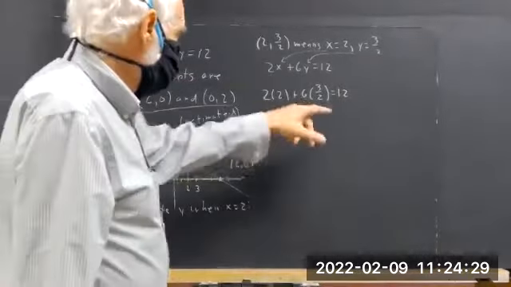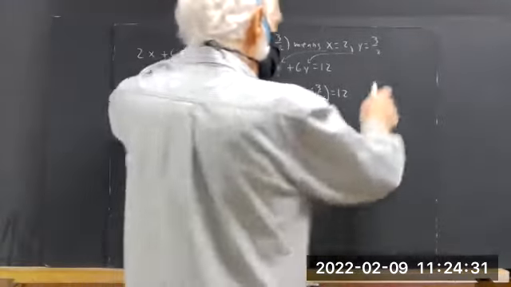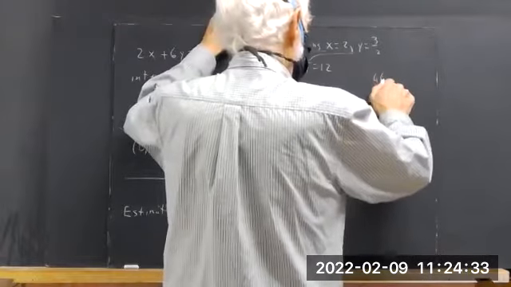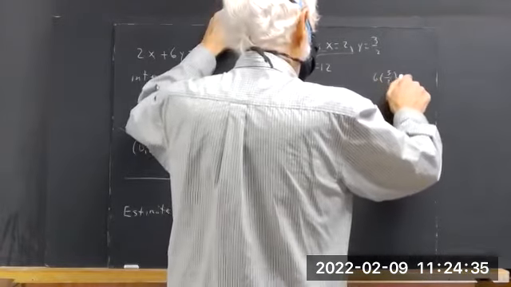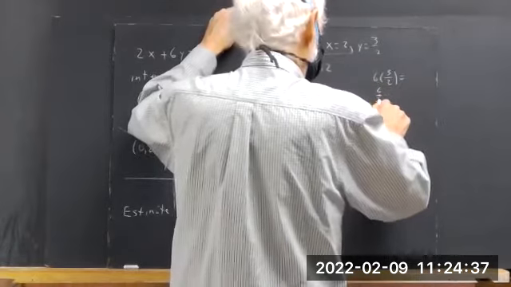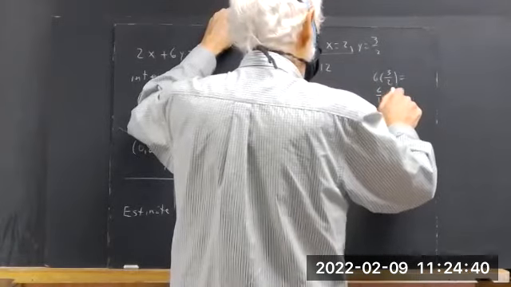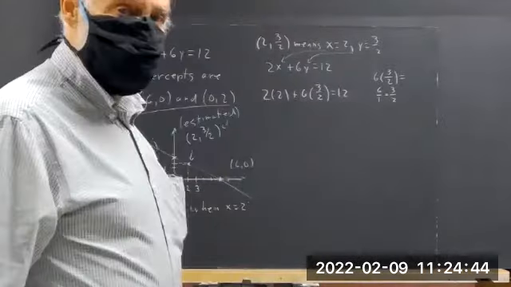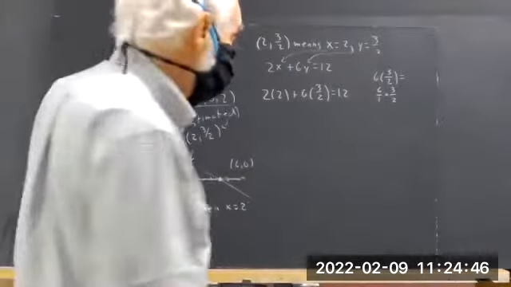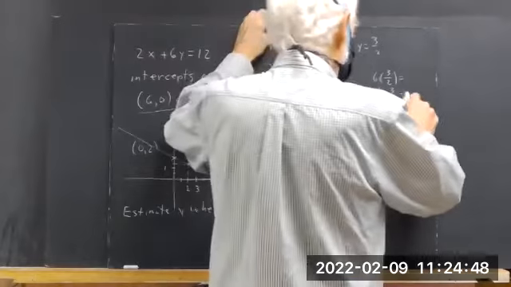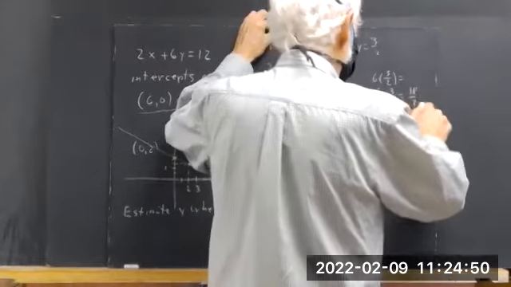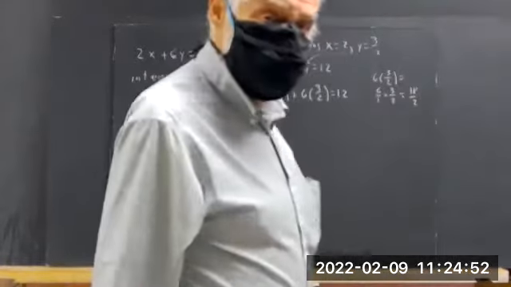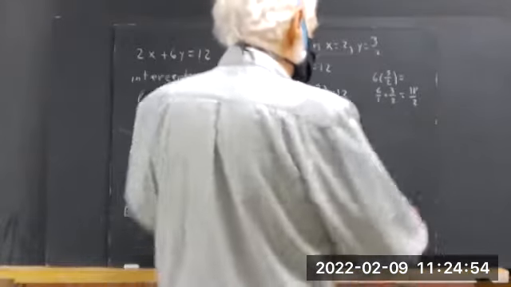Now, off to the side here, I'm going to calculate 6 times 3/2. Okay, that's 6 over 1 times 3 over 2, right? And that equals 18 over 2, which is 9.